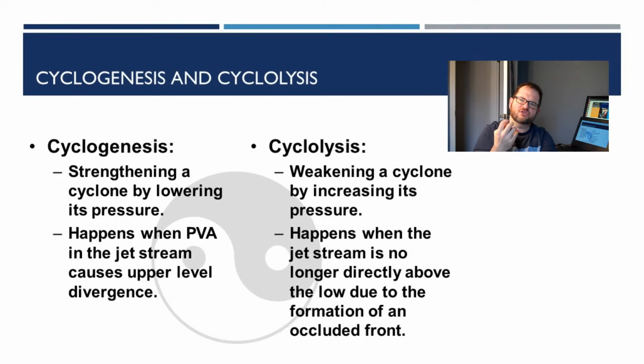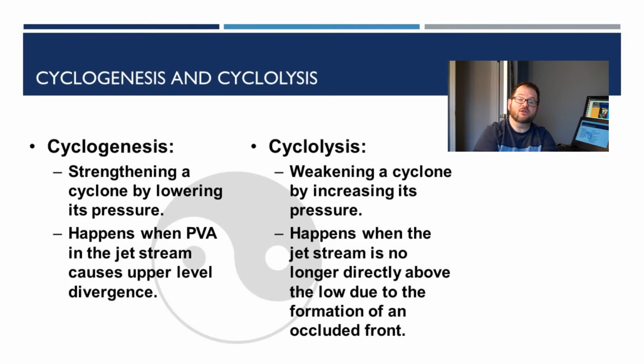Because this is going to be part of the story about how cyclones change, how they go through their process of cyclogenesis, which is strengthening a cyclone by lowering its pressure, which is going to happen whenever there's a positive vorticity advection in the jet stream causing upper level divergence. Or the opposite pattern called cyclolysis. That's a hard word to say, cyclolysis. Cyclolysis is the process of the death of a cyclone.